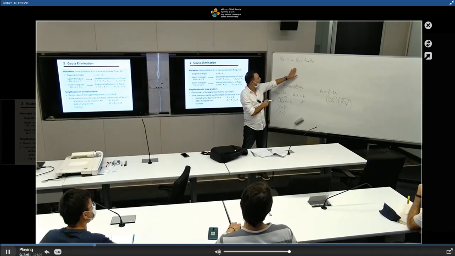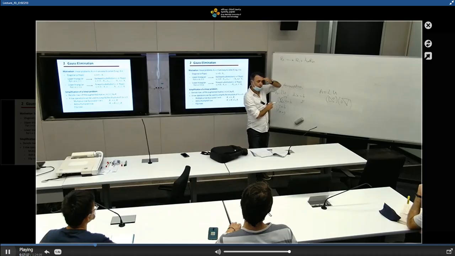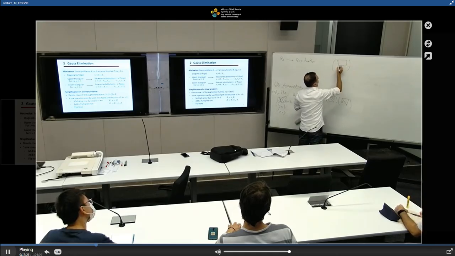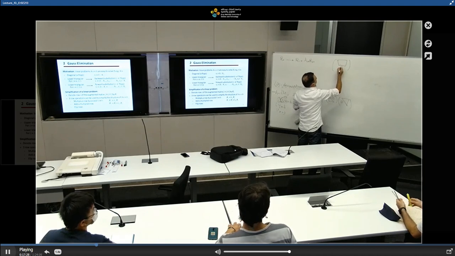Okay? I can write it in a matrix form. How do you write this in a matrix form? So basically, assuming you're getting something like this, and you have a number here.